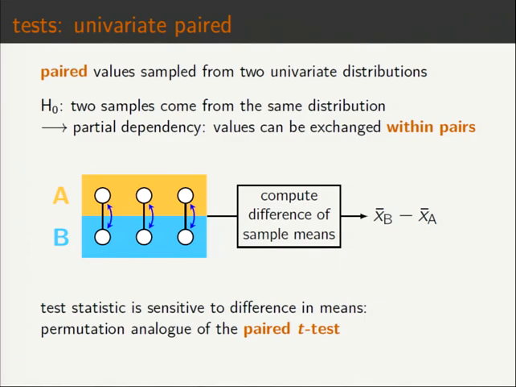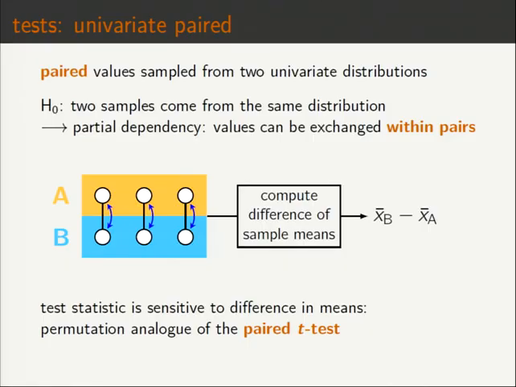So we can only exchange value 1 from sample A with value 1 from sample B, or value 2 from sample A with value 2 from sample B, etc. Which also means that we have fewer permutations, therefore, depending on the number of samples, it's harder to get low p-values. But still the same procedure applies.